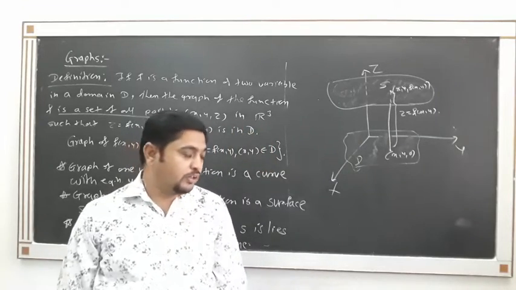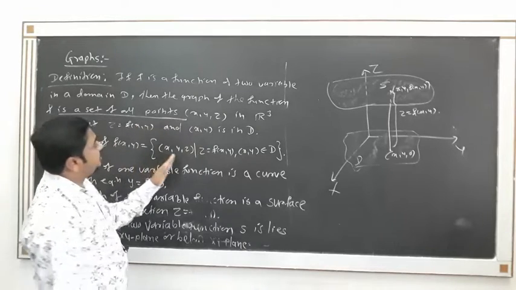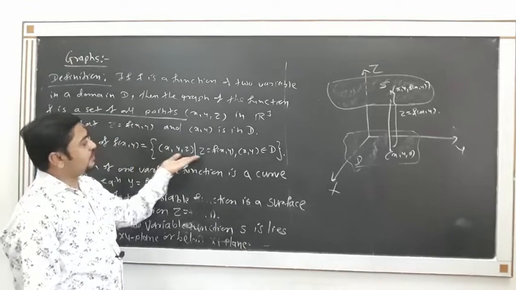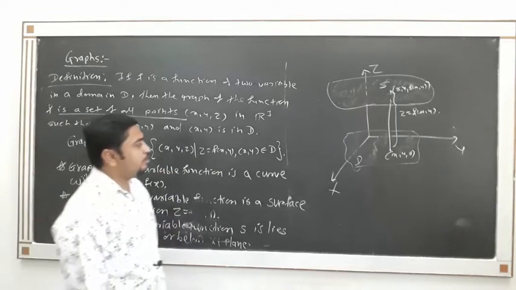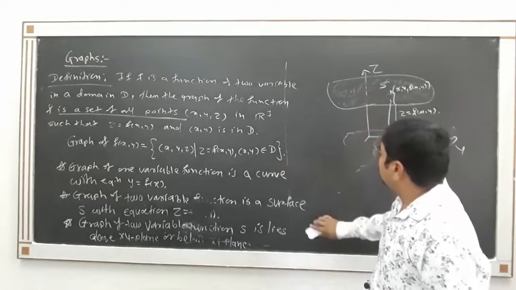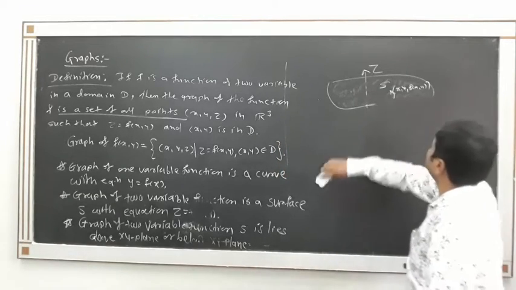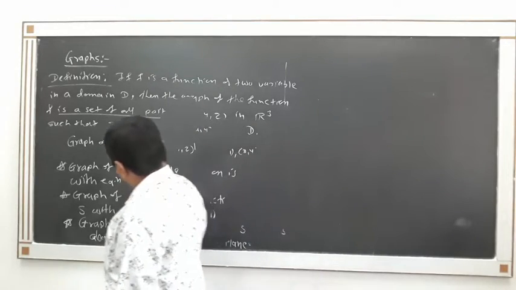So what is the graph? The graph is the set of all points (x, y, z), and it lies above or below the plane. Getting this? We will try to solve some examples on this.